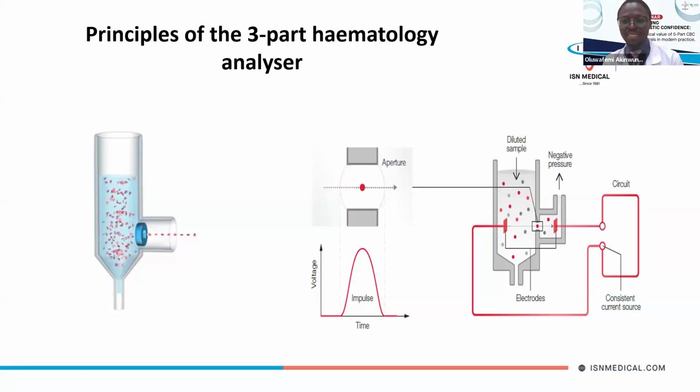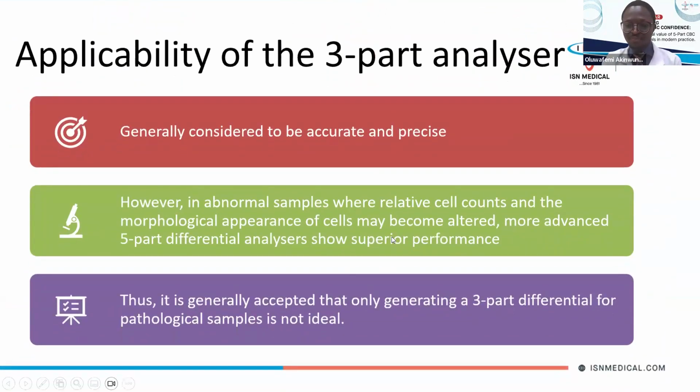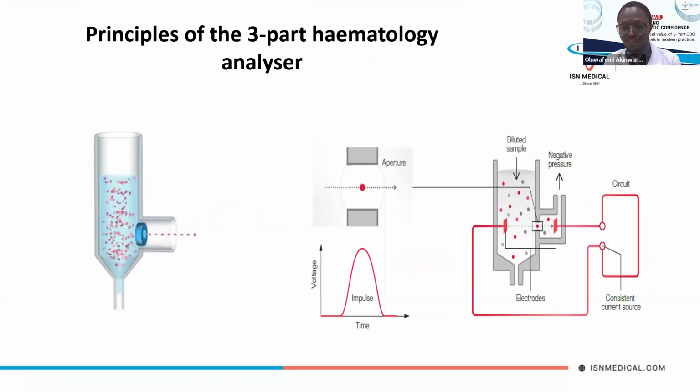Then, using photodetectors, electrical circuits and algorithms, you can make a count of the number of cells passing: the white cell count, the red cell count, the platelet count. For the white cell count, you can make a differential count of what has passed, in terms of percentages: how many neutrophils, how many lymphocytes, and how many mid cells have passed. This is a very simplified diagram.